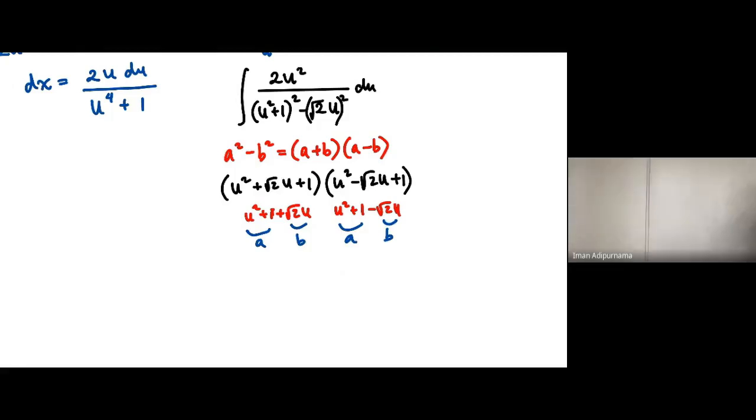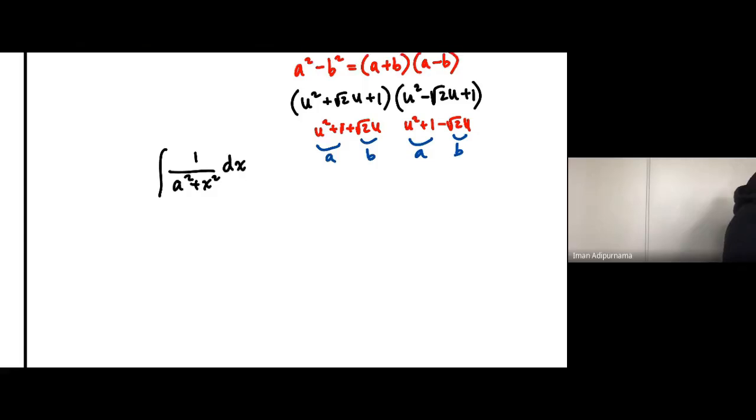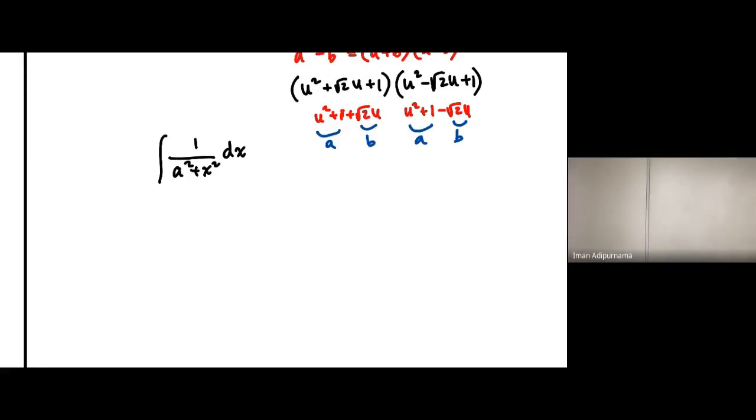Okay, but I will skip the process and I will give you the full notes. But you can try by yourself. Find the partial fractions. Remember, almost all the partial fractions in this semester will have this form, or you will have just maybe 1/x dx.